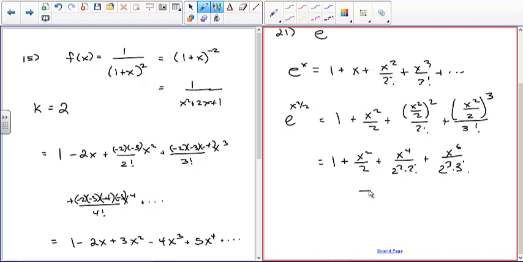Let's see if we can figure this out. Summation from n equals 0 to infinity of x to the 2n divided by 2 to the n times n factorial.